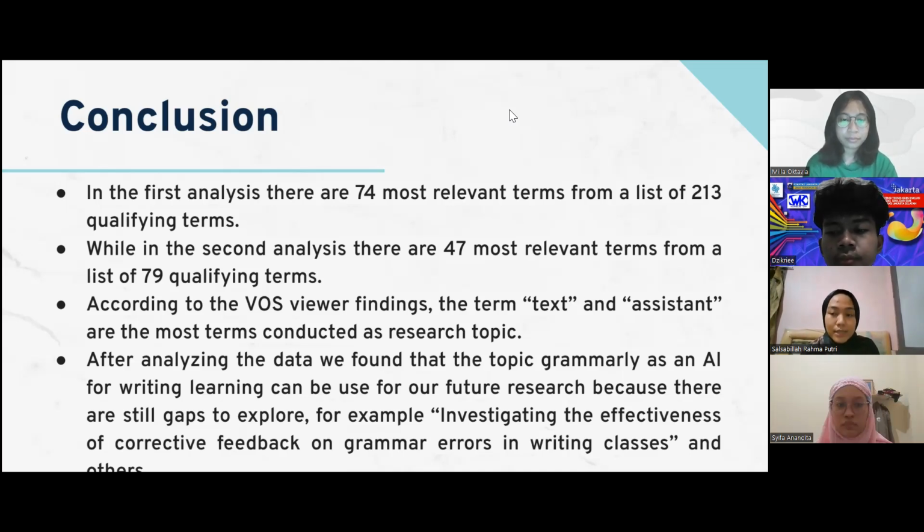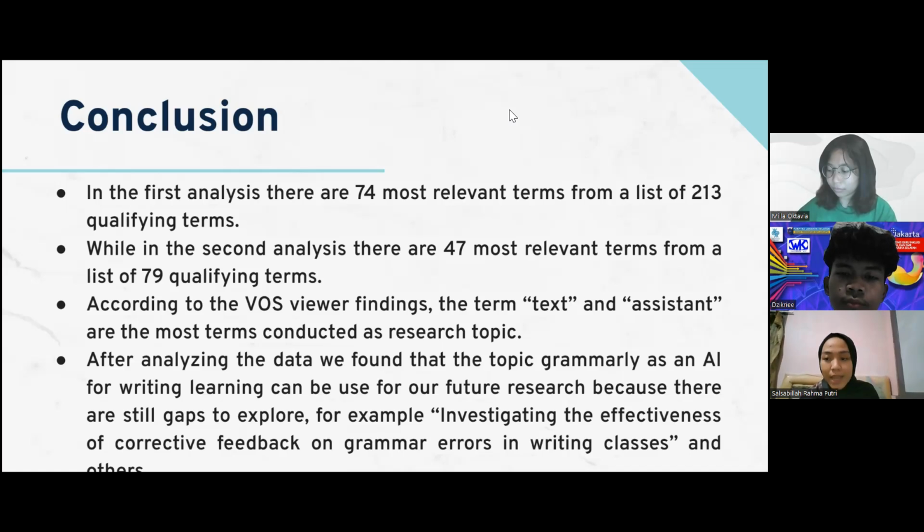First, term frequency analysis based on the title and abstract with a minimum of 10 occurrences, resulting in 74 most relevant terms from a list of 213 qualifying terms. Second, term frequency analysis based on the title and abstract with a minimum of 15 occurrences, resulting in 47 most relevant terms from a list of 79 qualifying terms.